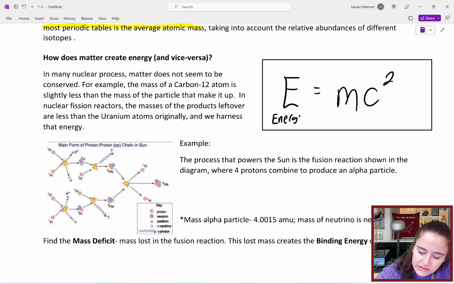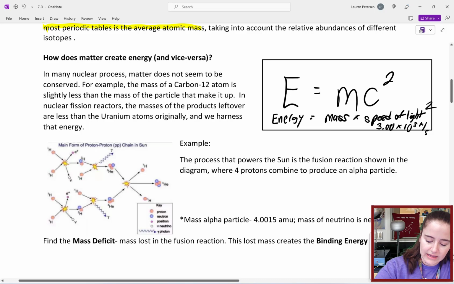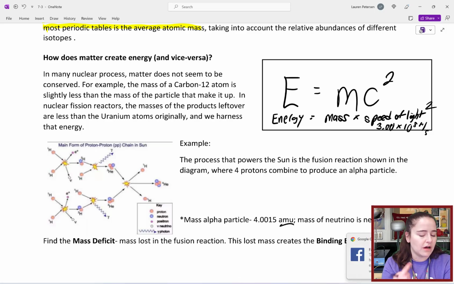So we have energy equals mass times c, with c being the speed of light, which is 3.00 times 10 to the 8th meters per second. Typically when we do these units, we might be working in AMU, but on the equation sheet it's actually just written as u.